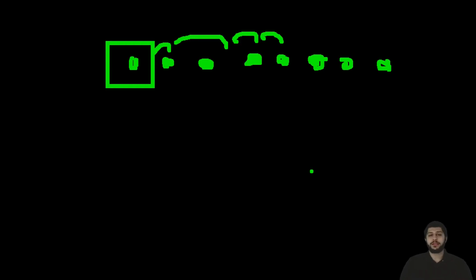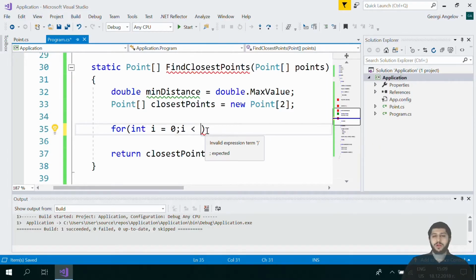In reality, such a problem might be solved using a more sophisticated algorithm, but the one that we are going to create is going to do the work. It takes every single point and compares it distance-wise with every other point. So we have two nested for loops.